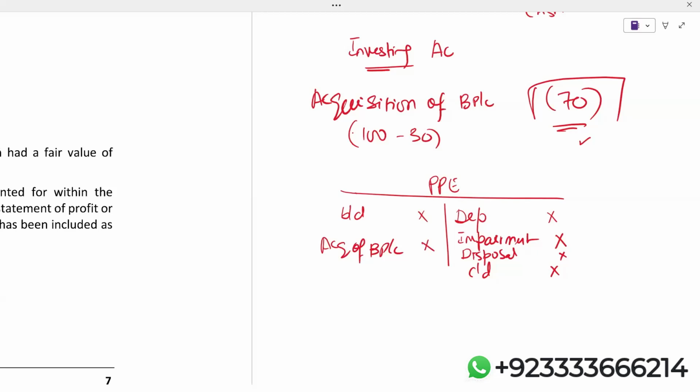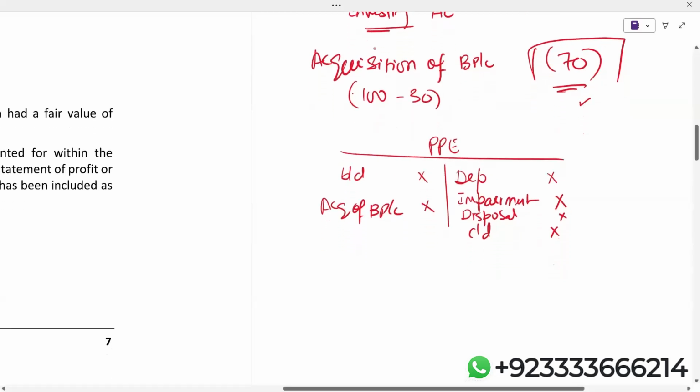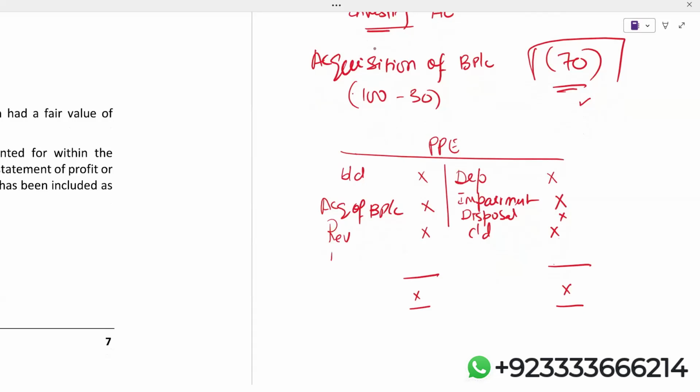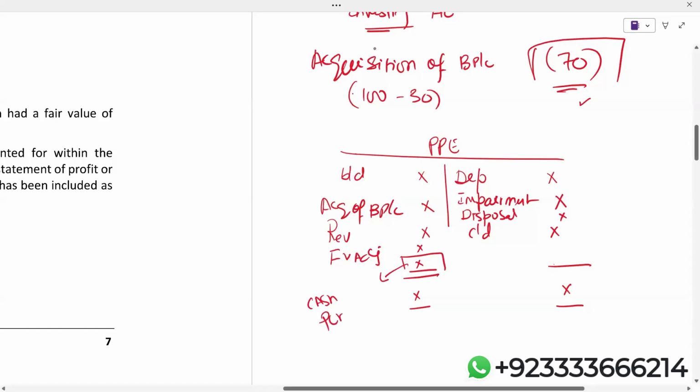Whatever the total comes to here, if there is any revaluation surplus, I'll take that here also. If at acquisition there is any fair value adjustment regarding property, plant and equipment, I will take that as well. Then I'll get a balancing figure, which will actually be your cash purchases.